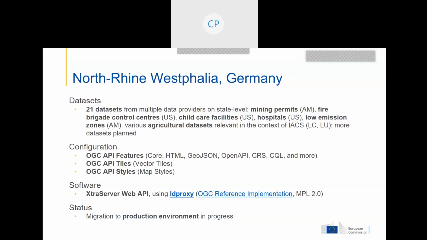And let me quickly just share my screen. Can I share it? Yeah, I think I can. So let me show you. So that's basically the catalog of all the APIs. It's also some non-Inspire APIs are on there.